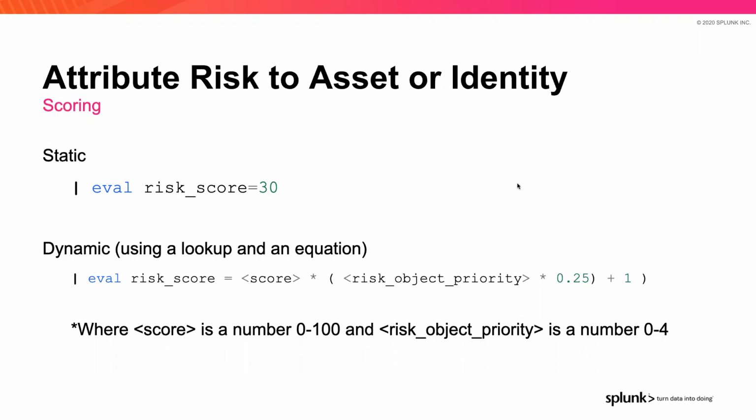The dynamic option is something I highly encourage everyone work towards as they adopt this system, because you're going to incorporate that score along with a modifier for the object's priority. Ultimately, as you build out your assets and identities within enterprise security, you can rank their criticality.